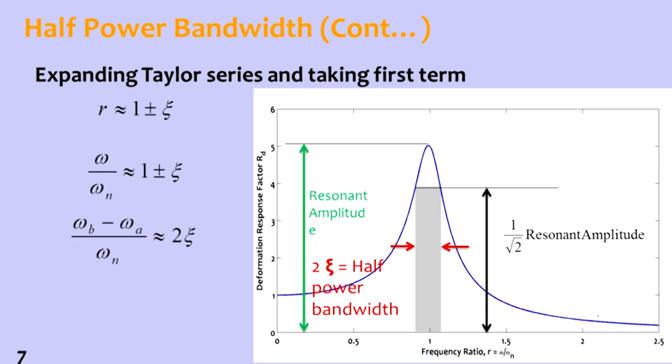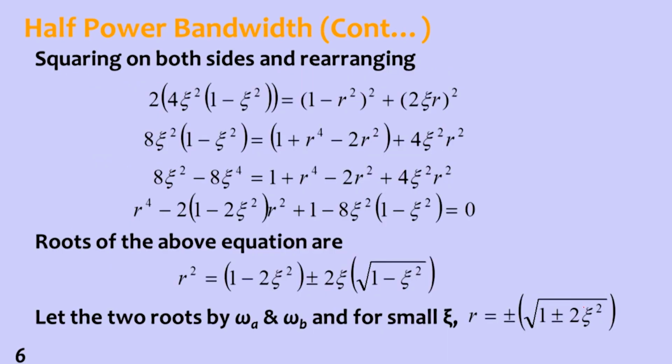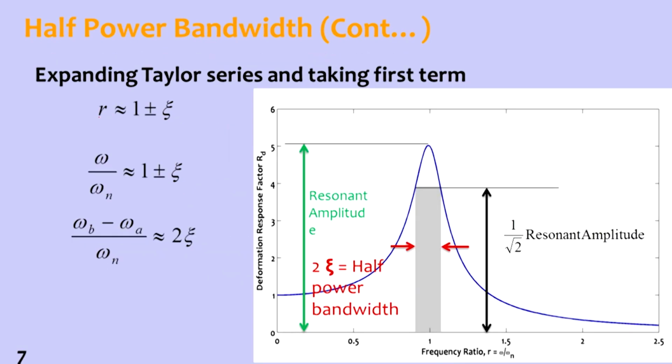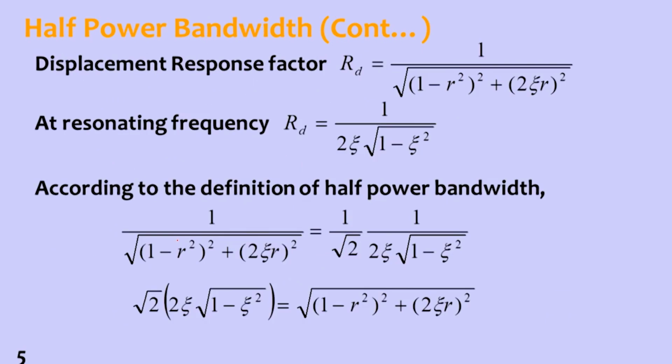By expanding in Taylor series, because it is a bracket to the power of minus 1 by 2, that is, a square root, r becomes approximately 1 plus or minus zeta. R means omega by omega n, which is approximately 1 plus or minus zeta. Simplifying further, with the two roots, omega B minus omega A divided by omega n is equal to 2 times zeta. So this is the definition.